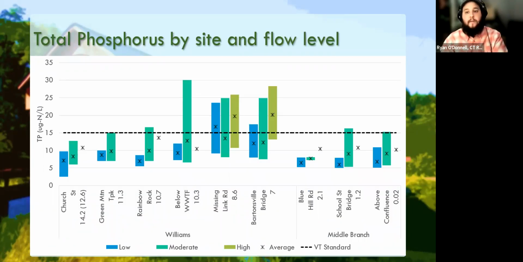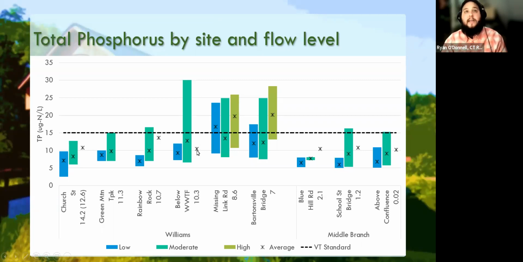If we look at the flow levels, you can once again see that in moderate flows, the site below the wastewater treatment facility is one of the higher sites. It's not included in the new early spring high flow targeted sampling, so we don't have as many high flow samples.